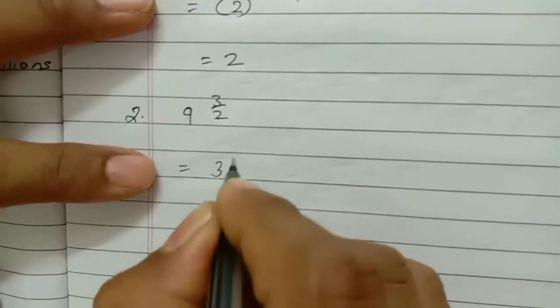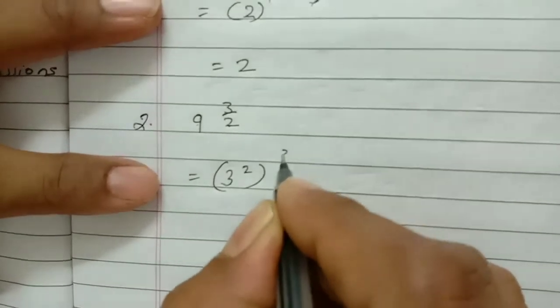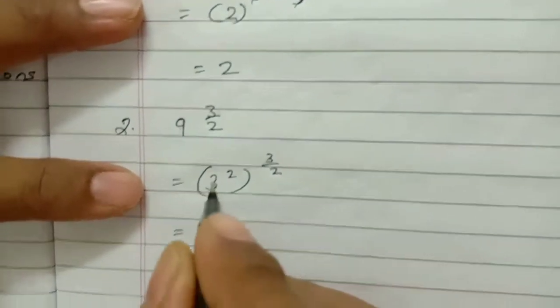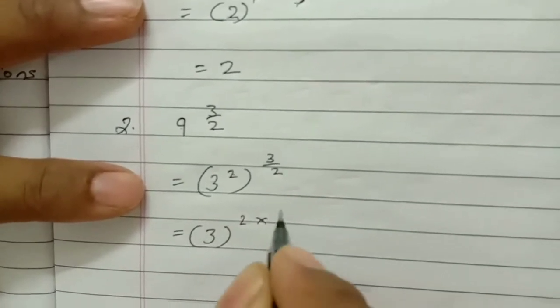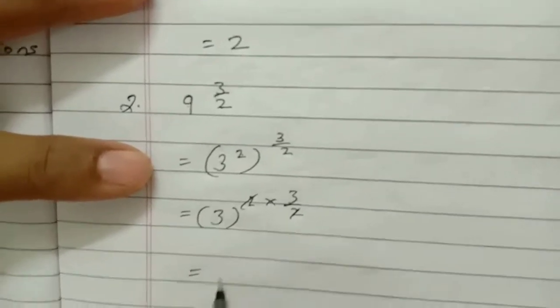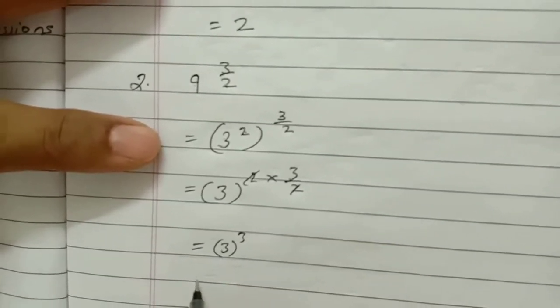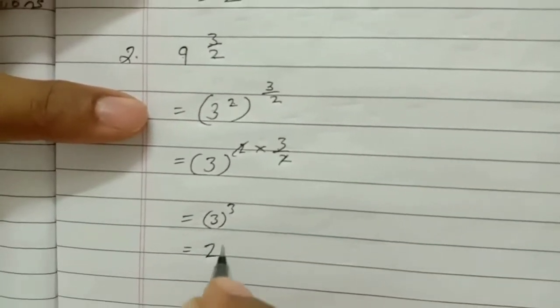This can be written as 3 square the whole bracket raised to 3 by 2. So a raised to m into n. So this will be 3 cube. So what is 3 cube? It is 27.